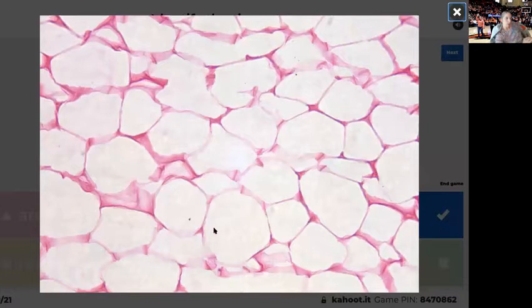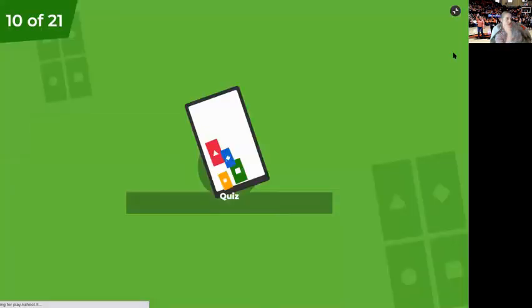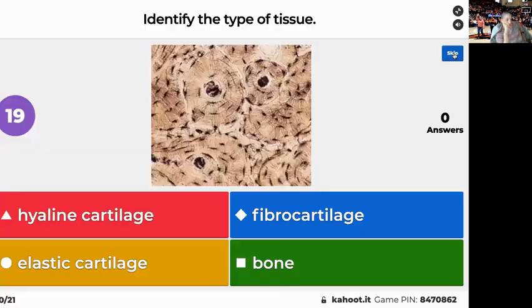It looks clear. It actually looks like an oil droplet, and that is characteristic of fat. So if you see this kind of clear appearance, you're looking at fat tissue or adipose.